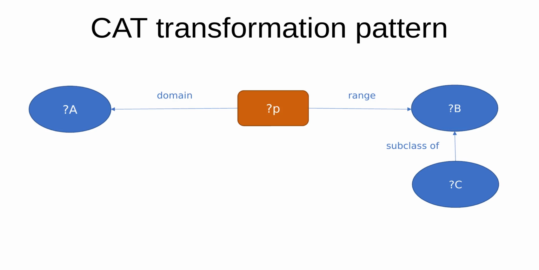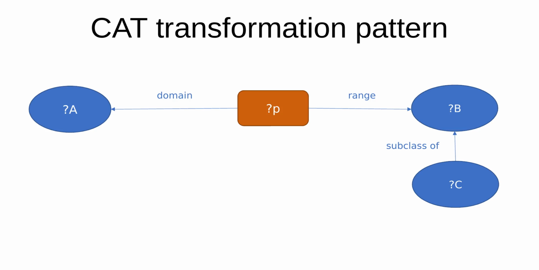So we already saw the CAT transformation pattern. This is its graphical depiction, and CAT stands for class by attribute type, and we can see here maybe better that in fact, as a result, this pattern leads to generation of a new hierarchy based on an existing one.